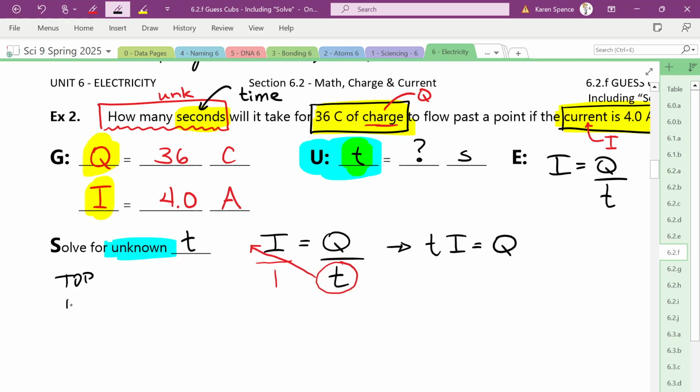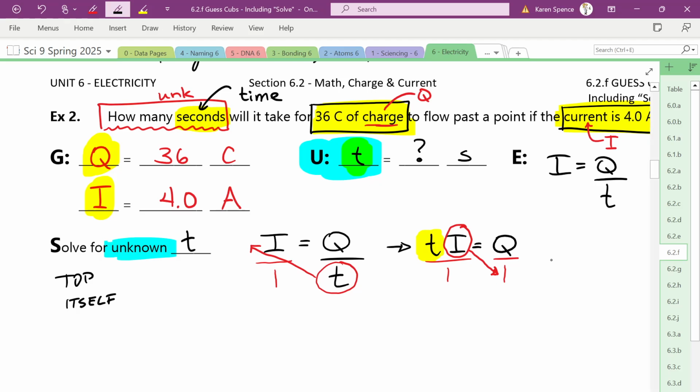Is T by itself? No. So I can put both of these over 1. And that shows me that in order to get T by itself, I need to move the I. So the I is going to move down here.